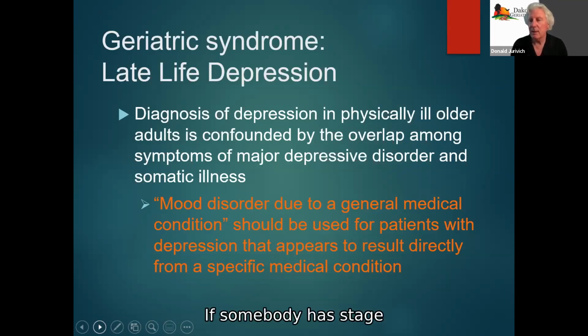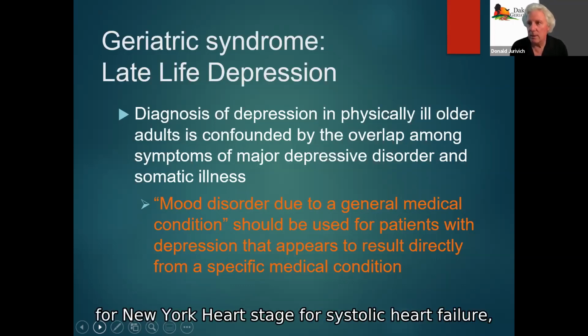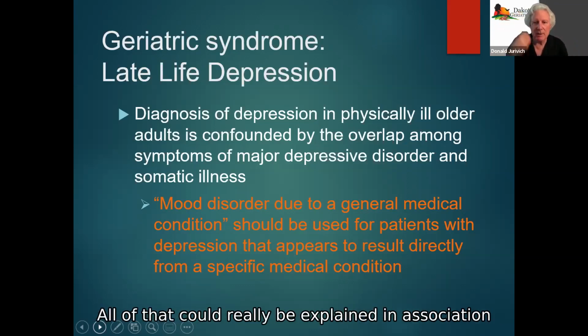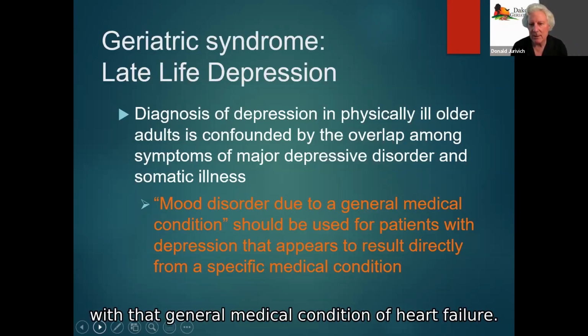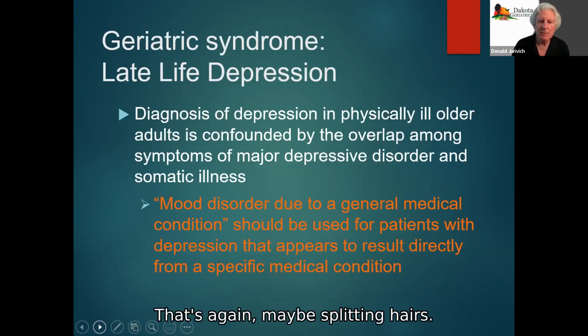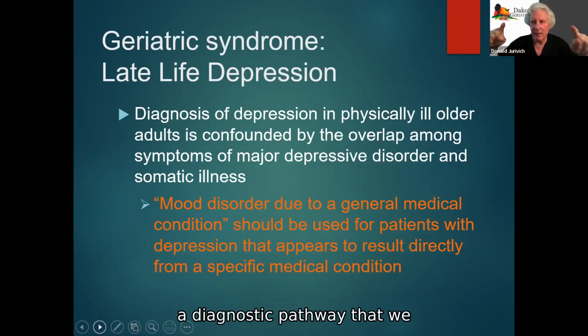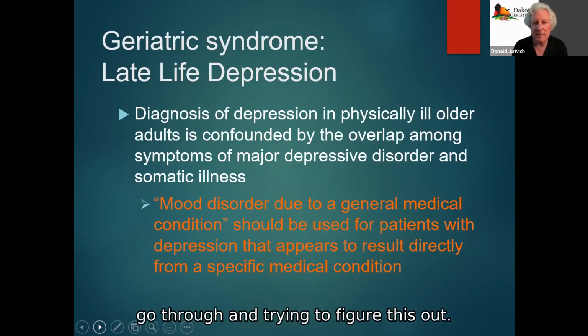If somebody has New York Heart stage 4 systolic heart failure and they have depressed mood, somatization, fatigue, all of that could really be explained by that general medical condition. It may be splitting hairs, but this is the diagnostic pathway that we go through in trying to figure this out.